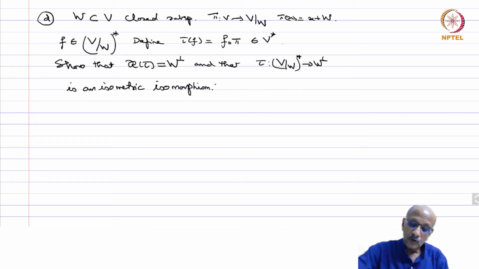So it is onto and an isometry, and therefore we have now the quotient space. The dual of the quotient space is very simple. It is nothing but the perpendicular of W. So that is a very beautiful characterization.